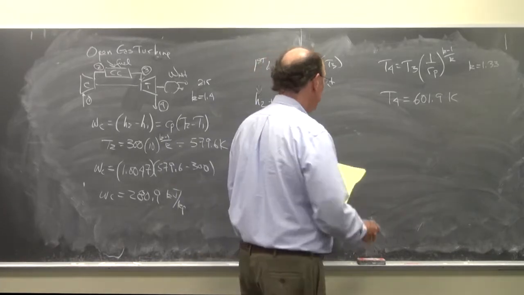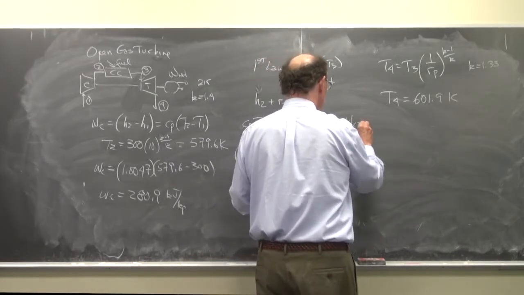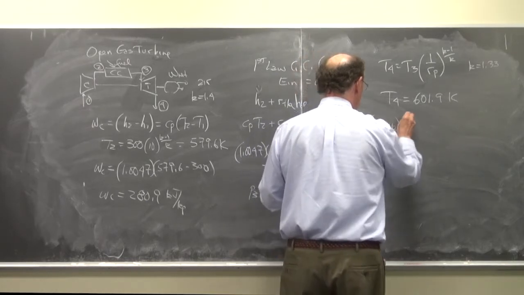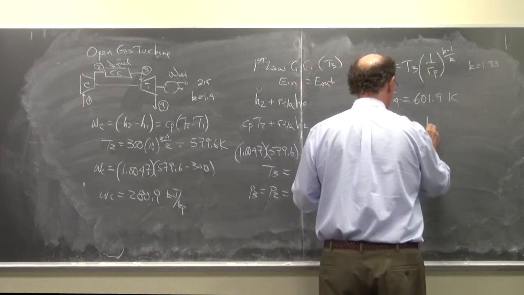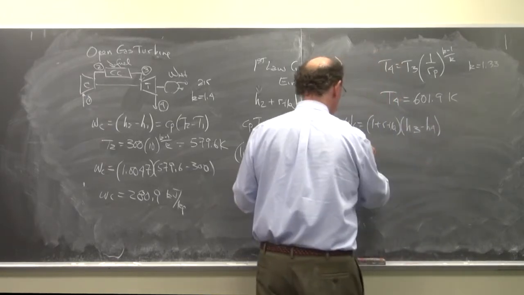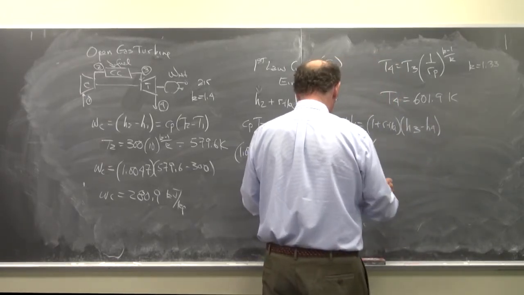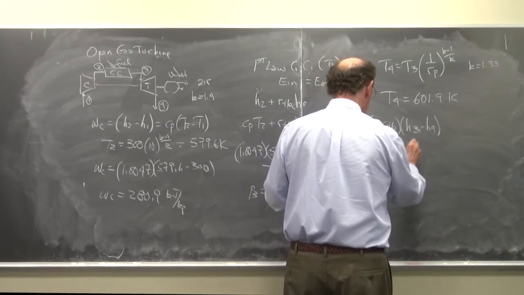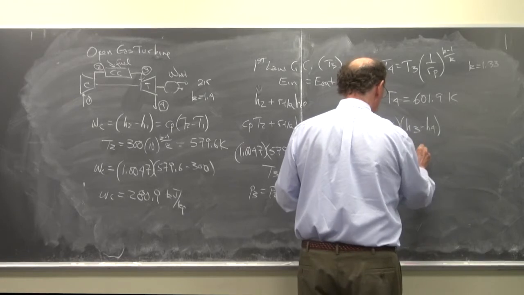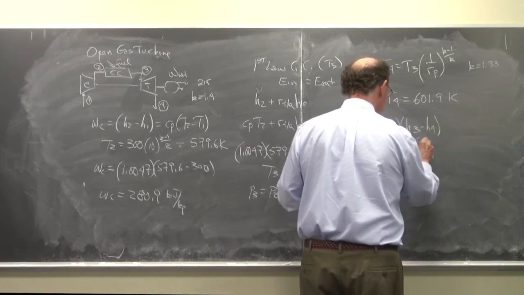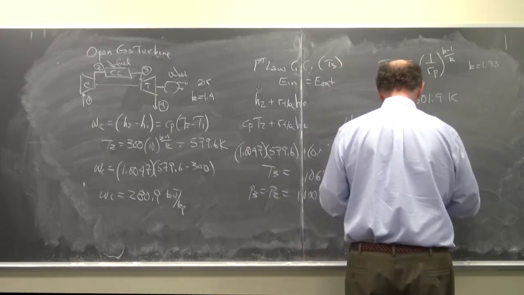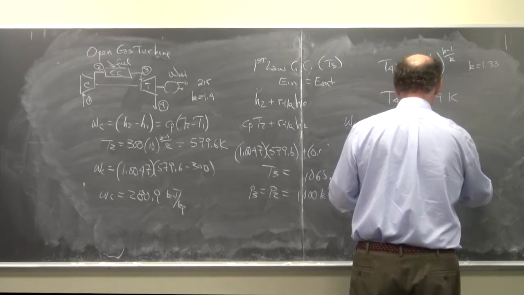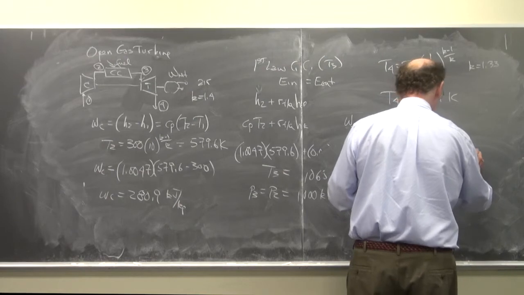And so now I can find the work of the turbine is 1 plus RFA times H3 minus H4, is equal to 1.015 times C sub P, 1.15 is C sub P of the products, times T3 minus T4, 1065.6 minus 601.9.